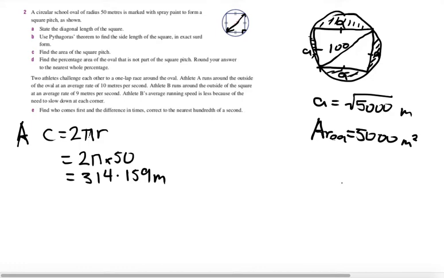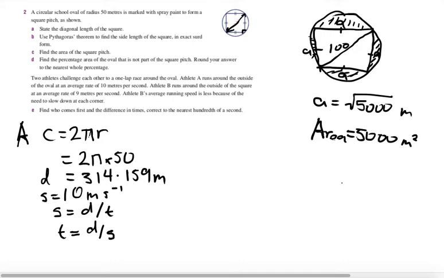They're running it at 10 meters per second. So we'll say that their speed equals 10 meters per second. Their D for distance equals 314.159 meters. If speed equals distance divided by time, then time equals distance divided by speed.